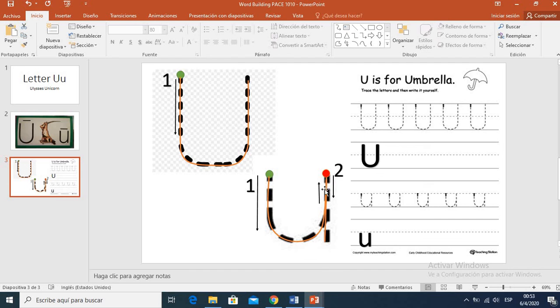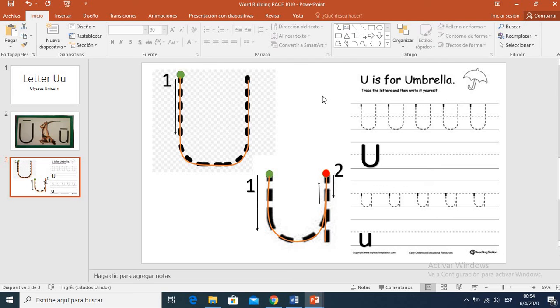You need to do it in the same curve and go down. Okay? And the line must be small, not too big. It must be the same size as the curve. Again, down to the bottom, around, go back to the top, stop, and down. And this is the small letter U.